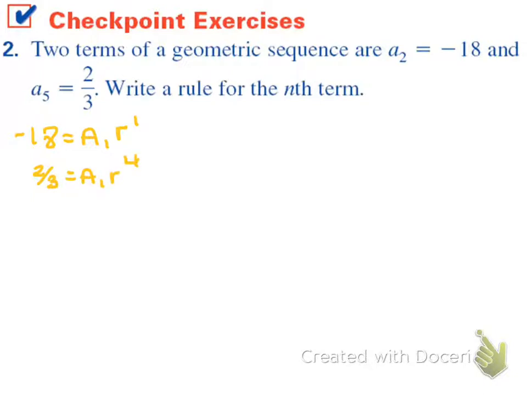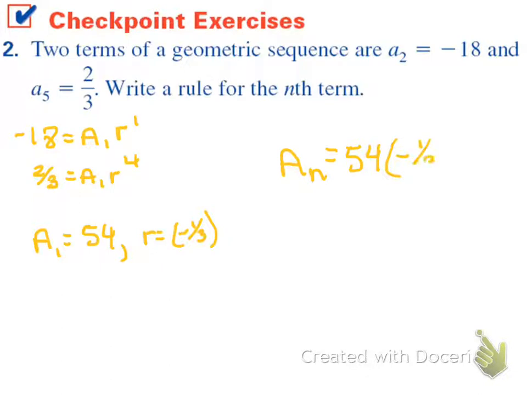You should have then solved and found that the first term was 54 and that the rate was a negative 1/3. Then plug those in and found that any term would be equal to that first term of 54 times the rate of negative 1/3 raised to the power of n minus 1.